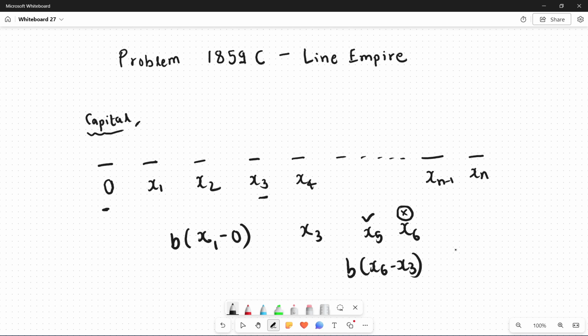And if you want to move the capital from, suppose, x1 to x3, then you will incur a cost a into x3 minus x1. So this is basically the thing.